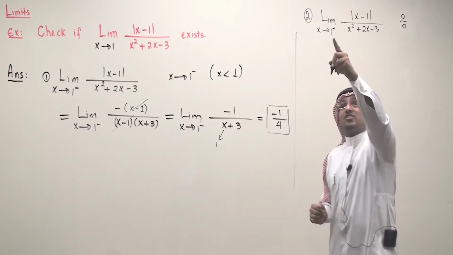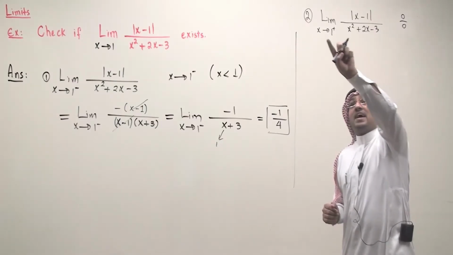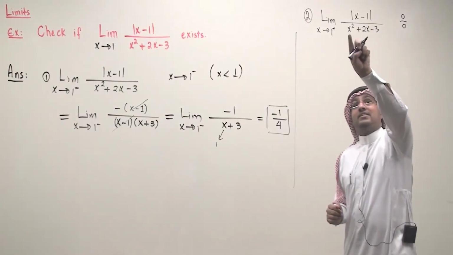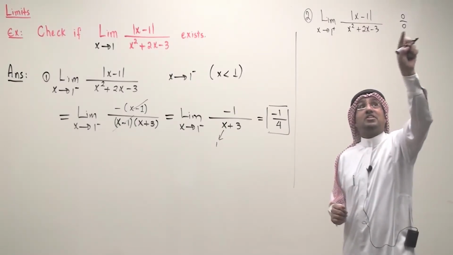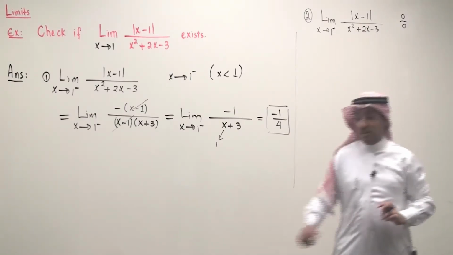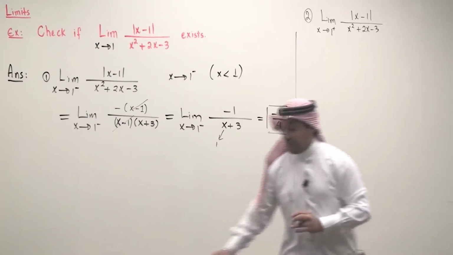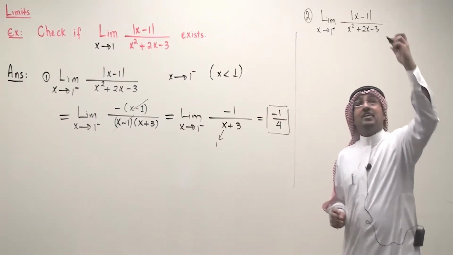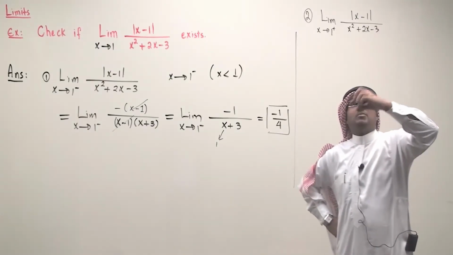See here, as x goes to 1 from right, this quantity goes to 0. And as x goes to 1 from right, this goes to 1, so 1 plus 2 is 3, minus 3 is 0 over 0. And therefore, I'm trying to find the factor x minus 1 in both numerator and denominator.